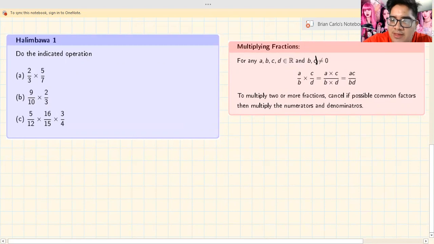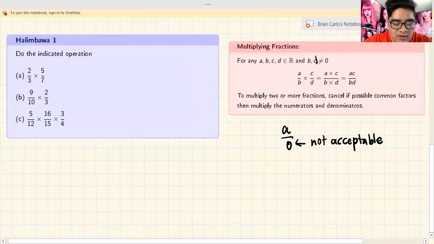Bakit kailangan di sila mag-equal sa 0? Kasi kapag daw 0 ang denominator, this is not acceptable. Bakit? Magkakaroon ng gera sa math. Magkakaroon ng mga problema kapag nagkaroon ng 0 sa denominator. Kasi nga, this will be undefined. Kumbaga, hindi siya defined sa math kapag may 0 ka sa denominator.